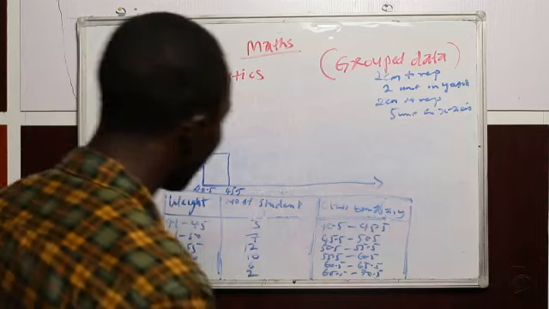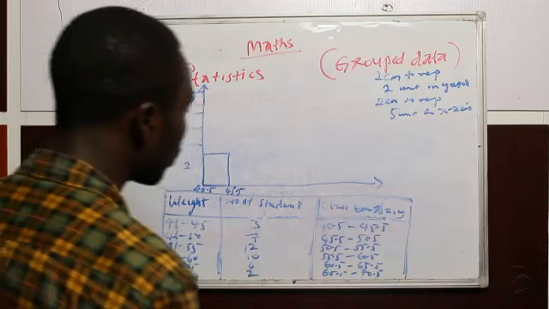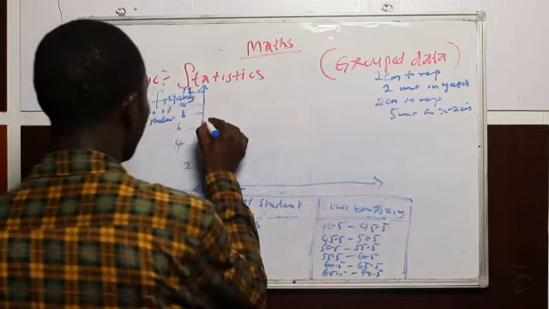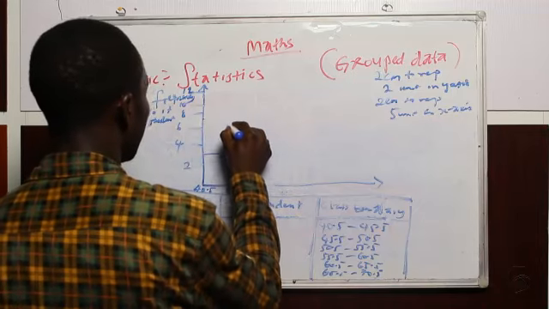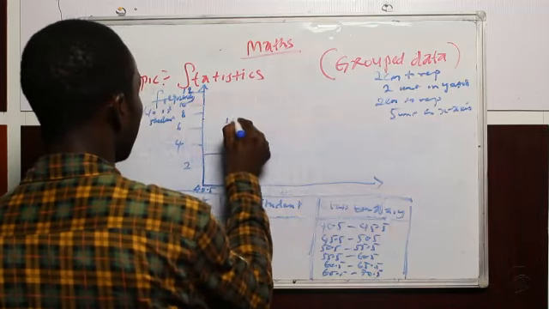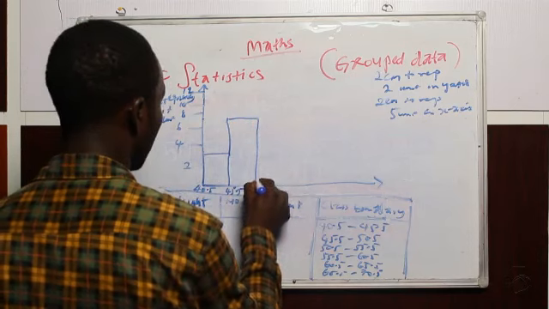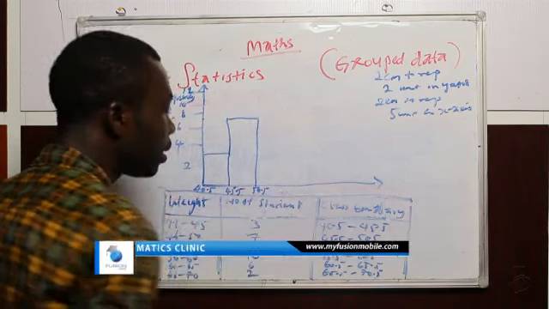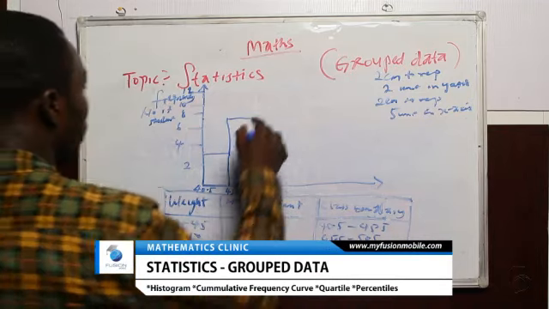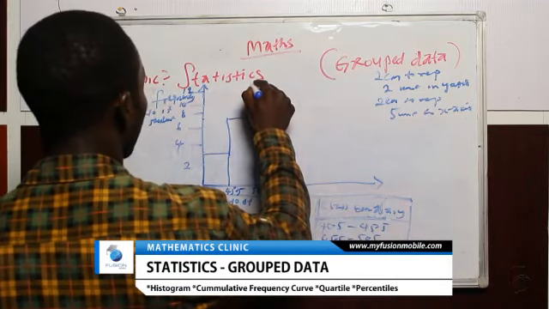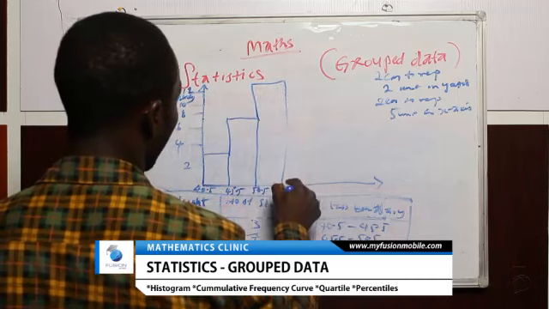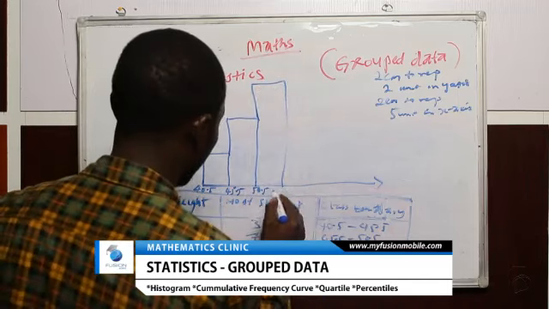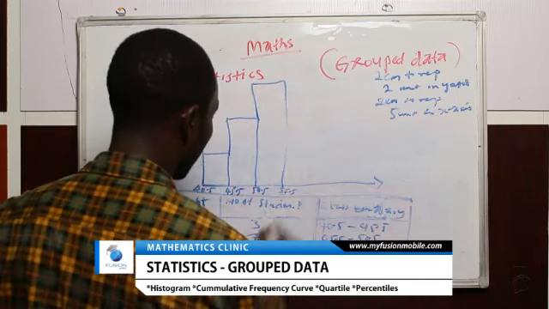Then 50.5 goes to where? 7. 7 lies here. So we draw the histogram like this, a bar to here, which is 50.5. Then 55.5 is 12. So we move up to 12 from 55.5.